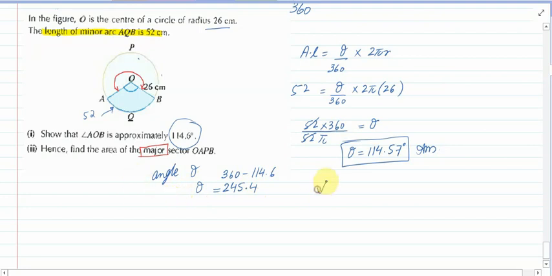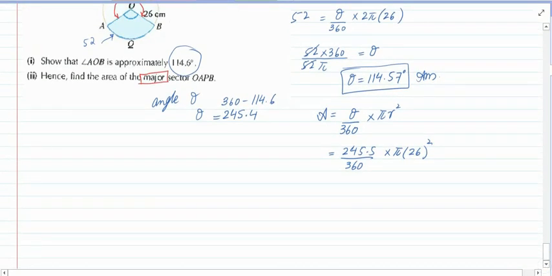Now you have an angle, you need to find the area. So area is angle divided by 360 multiplied by pi r square, right? Angle is 245.4 divided by 360 multiplied by pi, the value of r is 26 and its square. Calculate it.